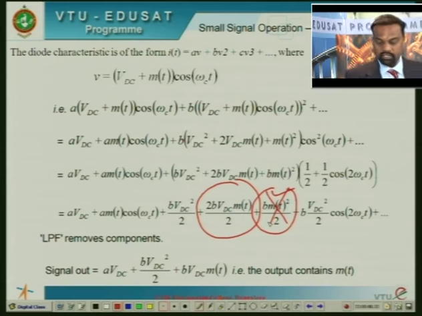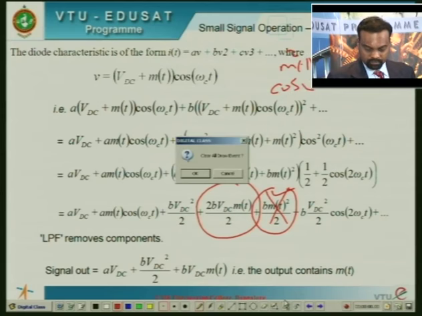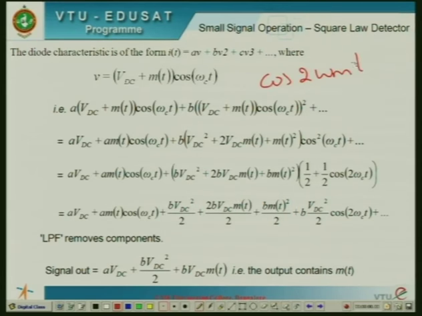What I mean is, if m(t) is equal to cos ωmt, and you take the square of this, it gives rise to cos 2ωmt. Whenever you take this component cos 2ωmt, the frequency is now multiplied by 2.